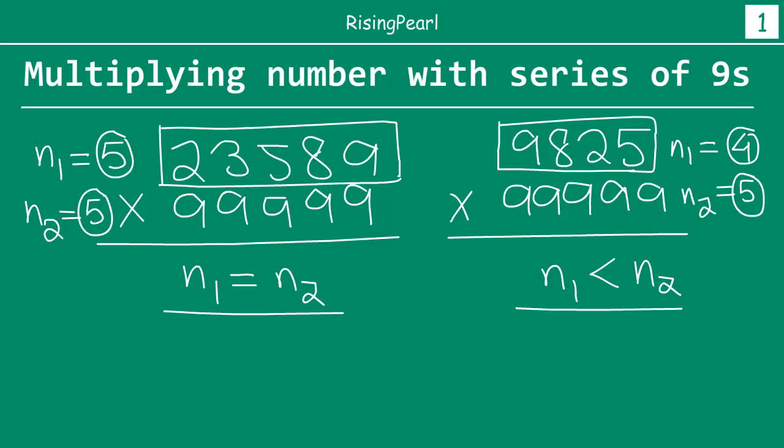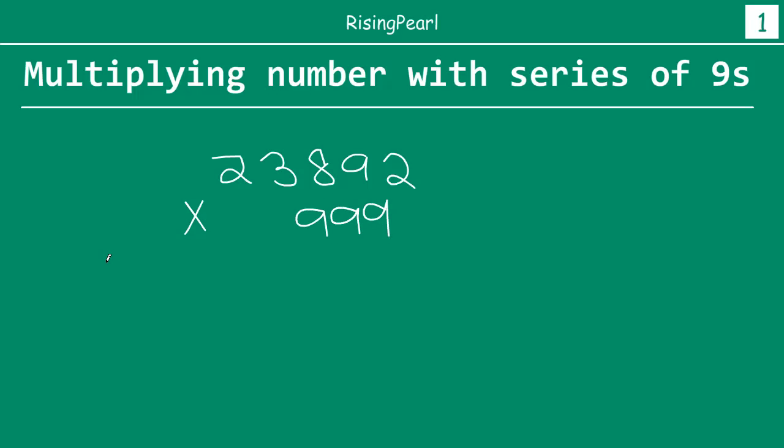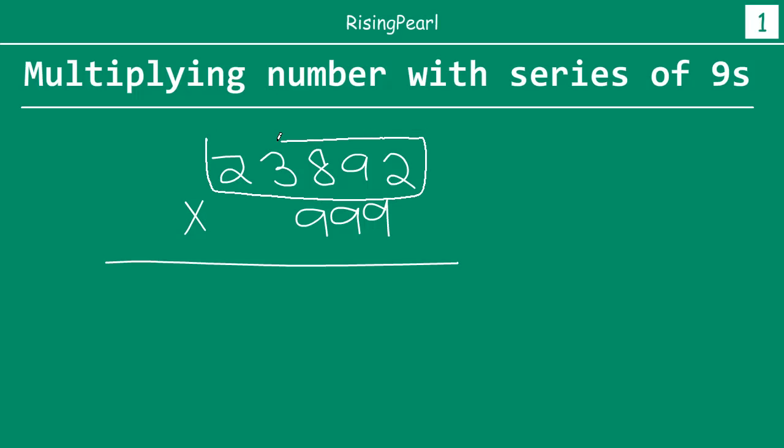So today we are going to really focus on, for example, a number like 2, 3, 8, 9, 2, and let's say we multiply this by 9, 9, 9. If this is a random number, how many digits do we have here? n1 is equal to 5 digits, and n2 equal to 3 digits.